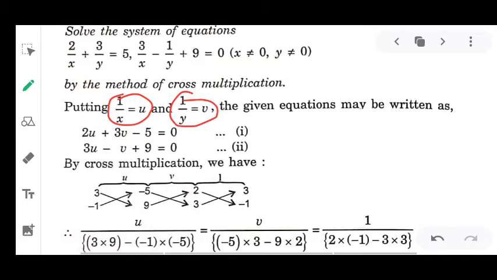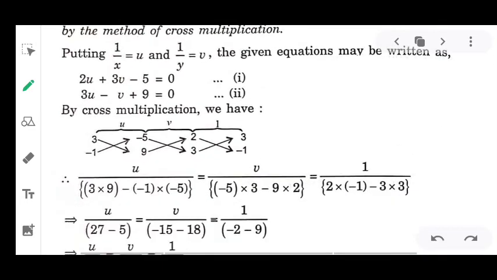Now this will be 2u plus 3v minus 5 equal to 0, this is equation 1, and equation 2 will be 3u minus v plus 9 equal to 0, this is equation 2. Okay, now this is in the standard form of linear equations.